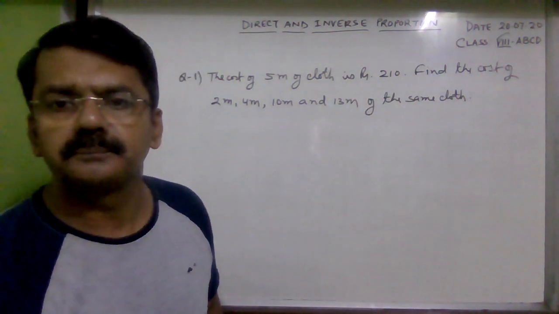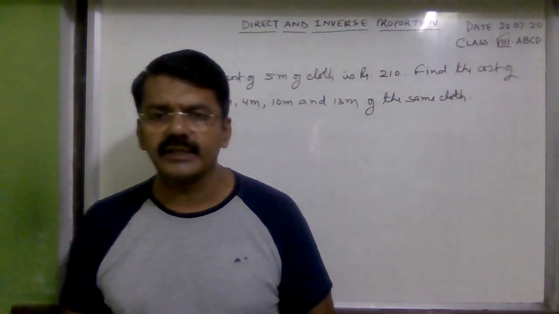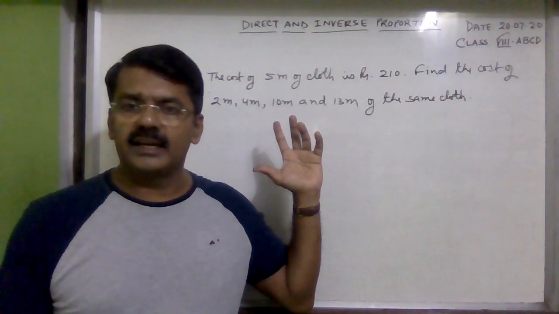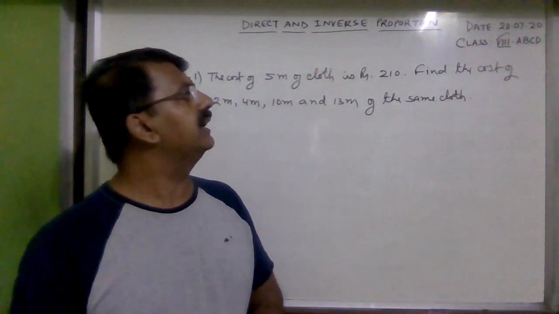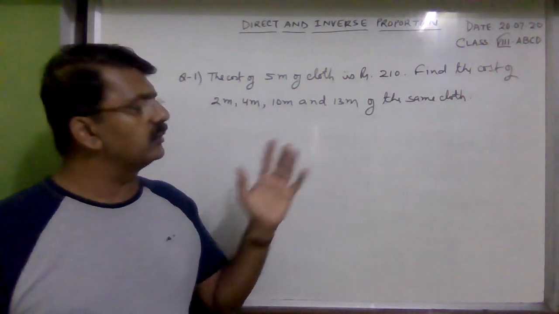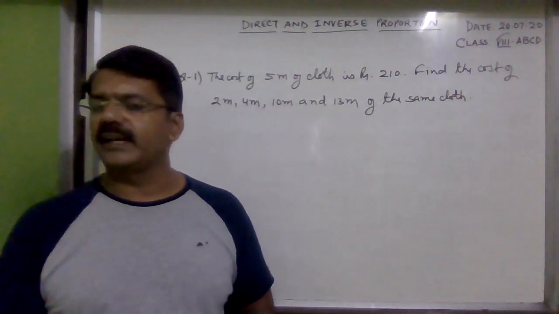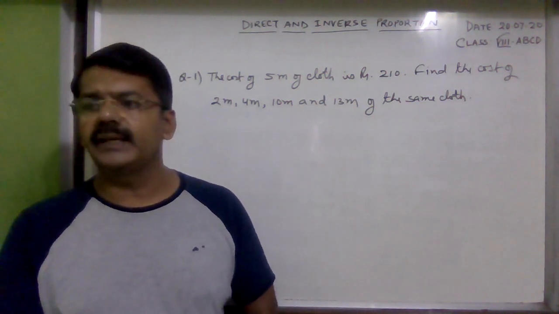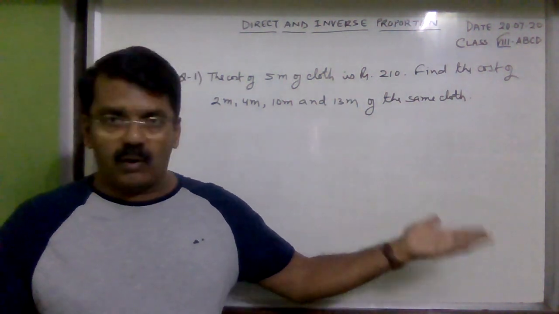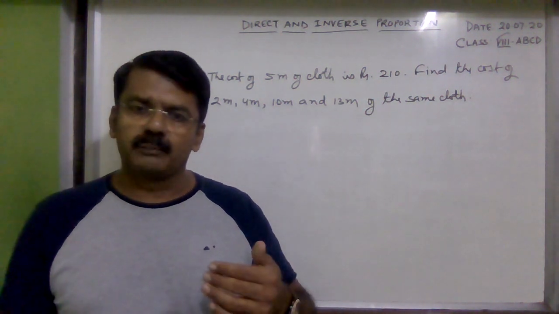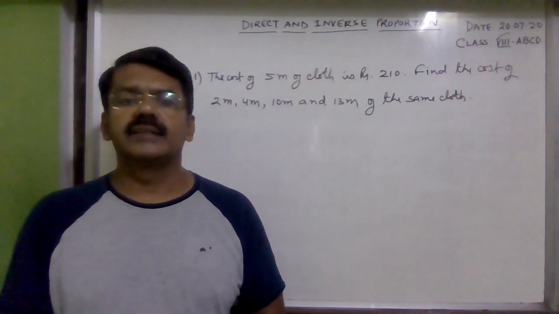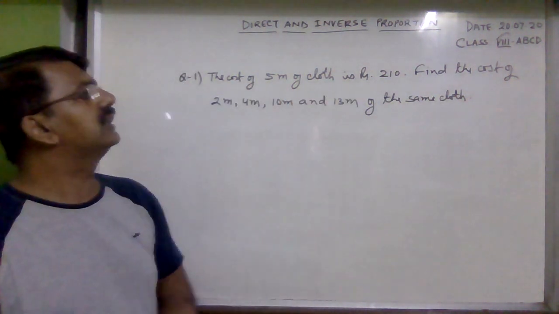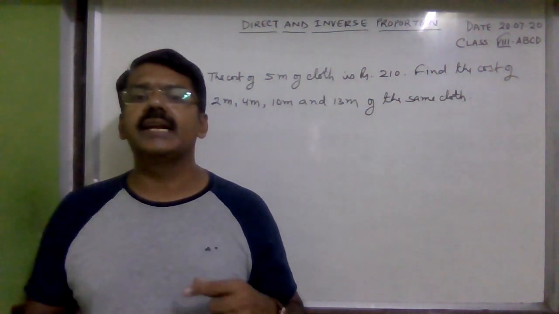Now you see, again there are two quantities. Here the first quantity is the length of the cloth that you are going to buy, and the second quantity is the cost. Now it's very clear, if you want less cloth, you have to pay less money. If you want a longer length of the cloth, you have to pay more money. That means the two quantities, the length of the cloth and the cost, are in direct proportion.